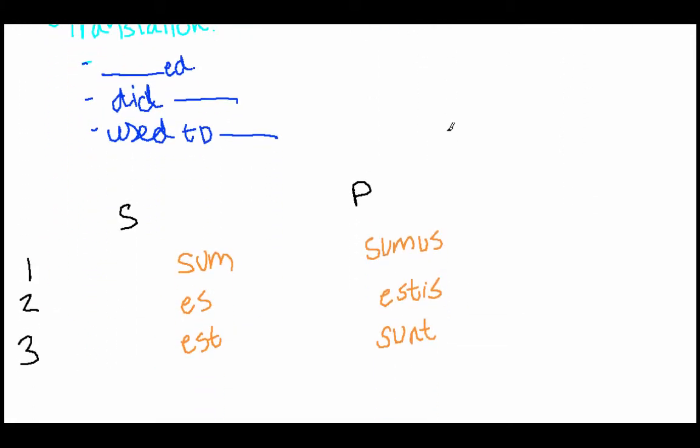And basically, this is where it gets tricky. What you have to do, let me just go ahead and write down the amatus right here. This is your fourth principal part. Amatus.